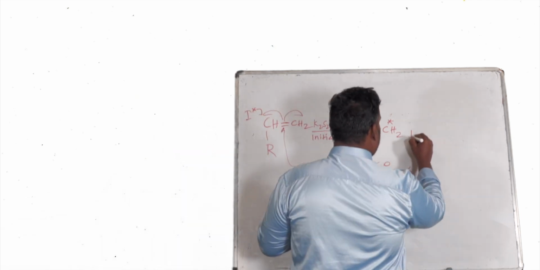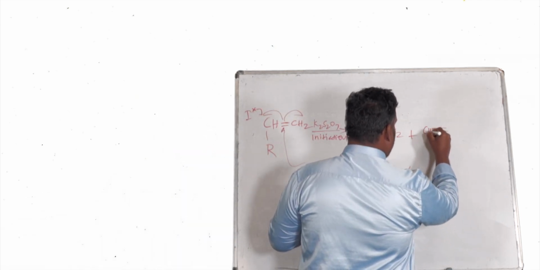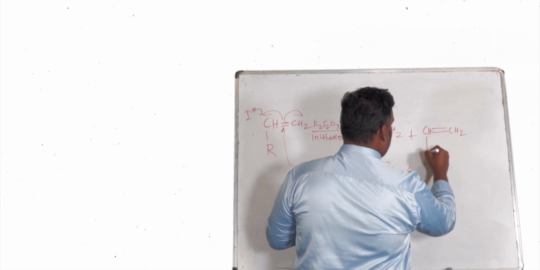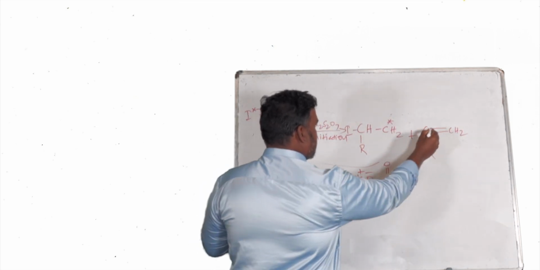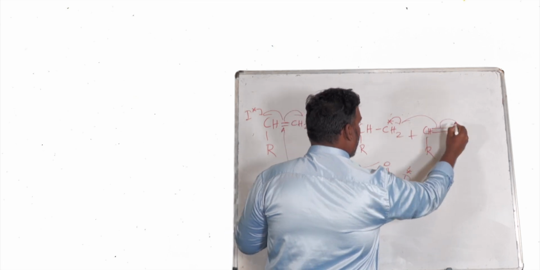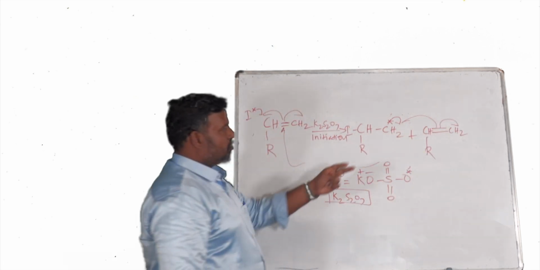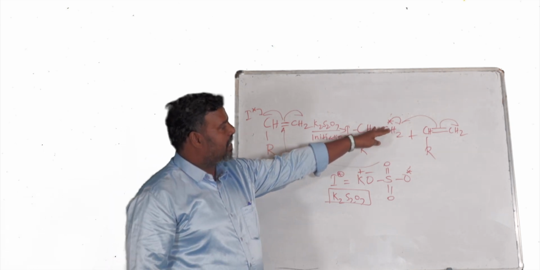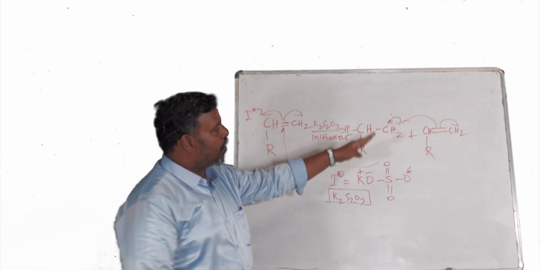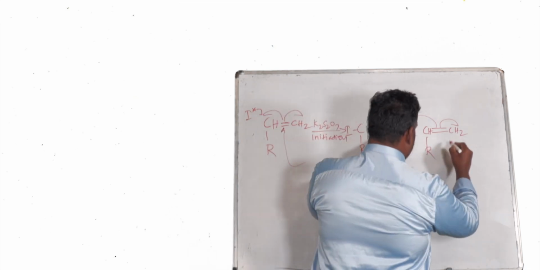Another monomer comes in close proximity, and then it starts reacting. There is a reaction between the initiator radical and this one. Whenever a bond is broken, it is made up of two electrons, so one electron reacts with another electron and forms another bond. This step is what we call initiation, and it keeps on adding monomers.